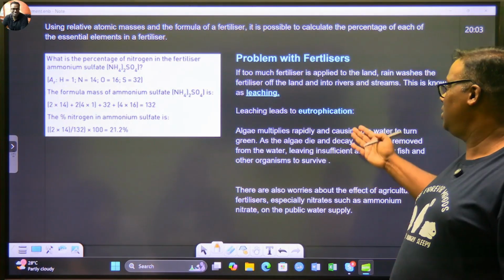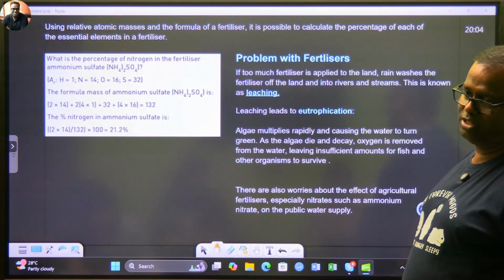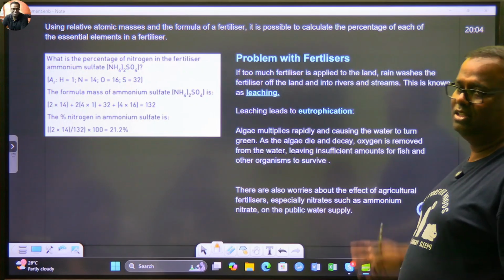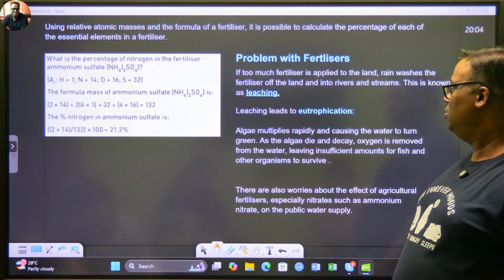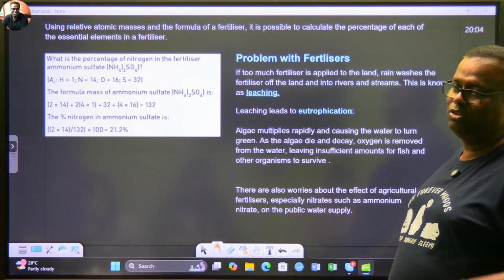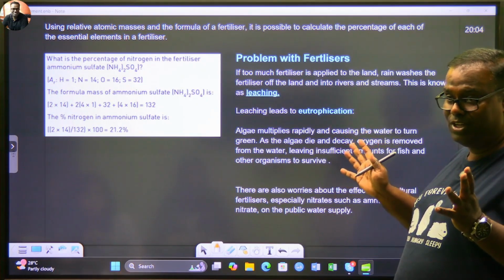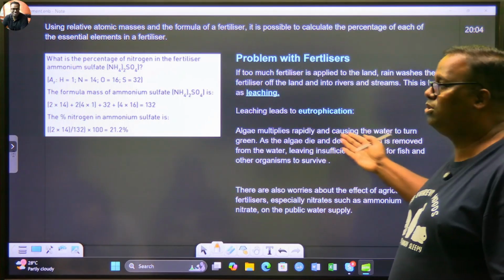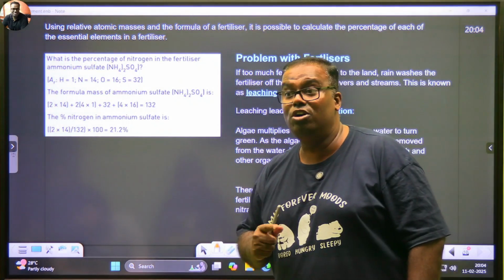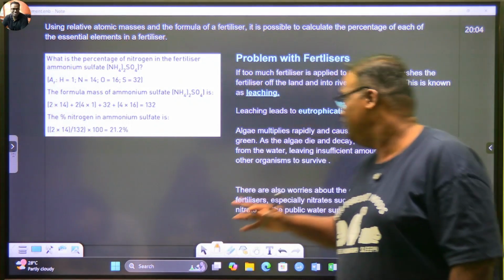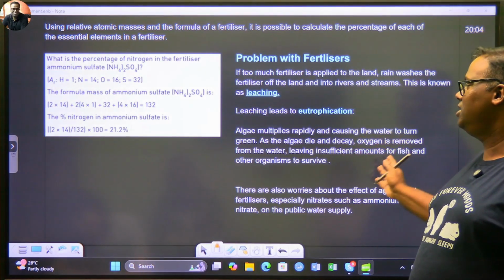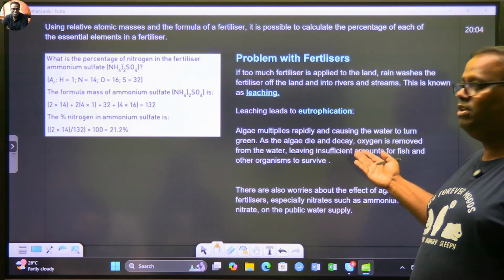Leaching gives rise to another thing called eutrophication. Now let's understand what is eutrophication. This you have already studied actually. Eutrophication means the nitrates and the phosphates which go into the water cause the algae to multiply rapidly, causing the water to turn green. Ponds, water turns green. And then as the algae die and decay, oxygen is removed from the water, leaving an insufficient amount.